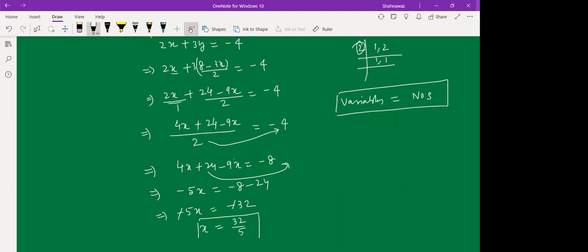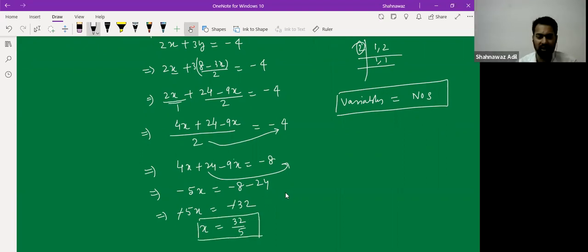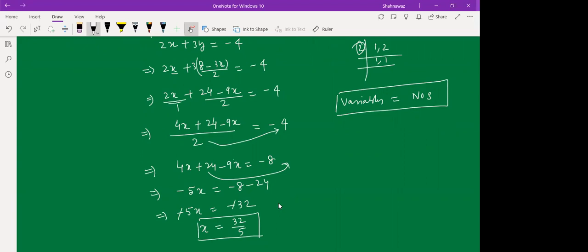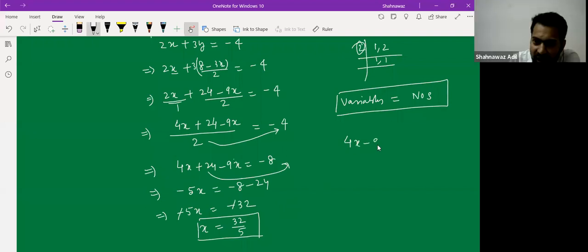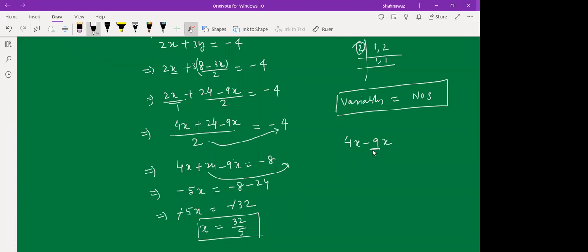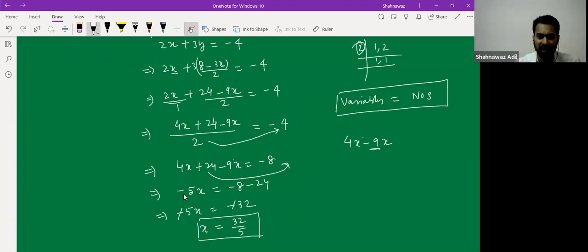Sir, how did you get -5? So 4x and minus 9x, right? Which has the greater number? 9, and the 9 sign is minus, so the answer is -5.